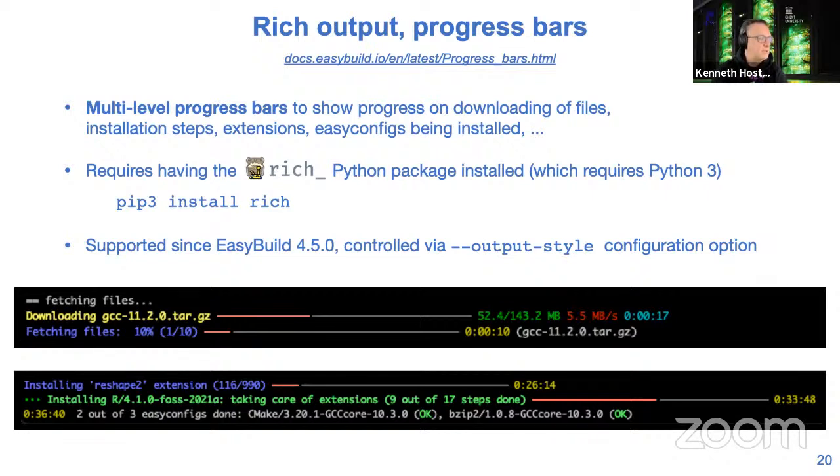When it's installing extensions, which could be over 1,000, for example, for recent R easyconfigs, it will tell you how many extensions are done, how many are still left, how much time has been spent up until now on the installation, and so on. So this gives you a concise and colorful overview of how EasyBuild is progressing. Now, this is also something I strongly recommend. All you need to do is to install the rich Python package with the same Python version as EasyBuild is using, and then this will be enabled automatically.